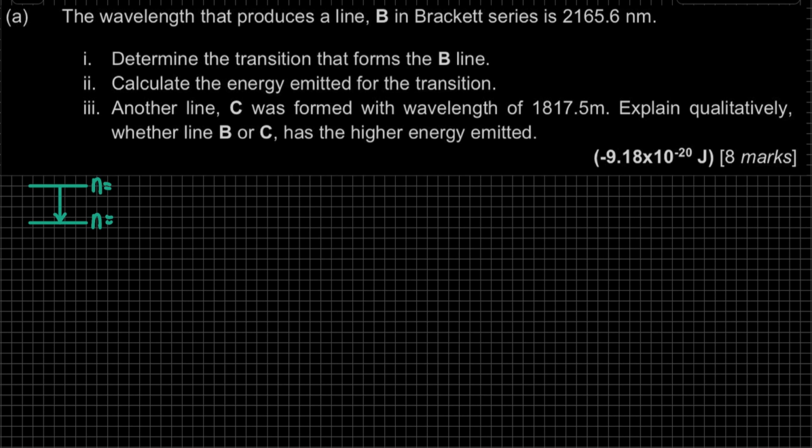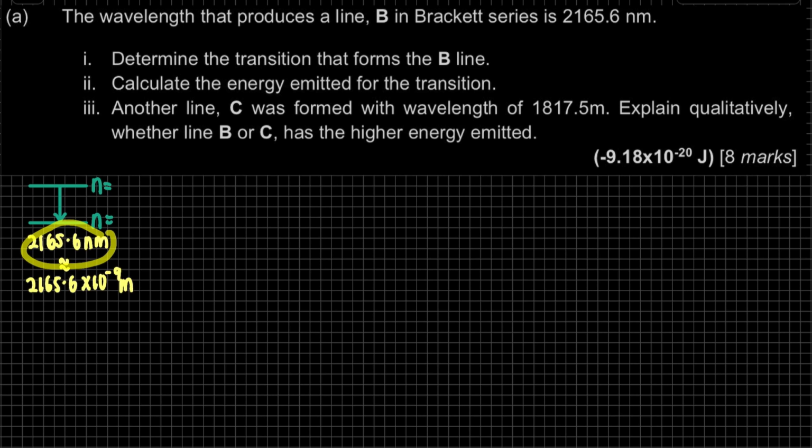In this question, our wavelength is 2165.6 nanometer, which is equivalent to 2165.6 exponent negative 9 meter. Nano means exponent negative 9. But this is the only information that we know.